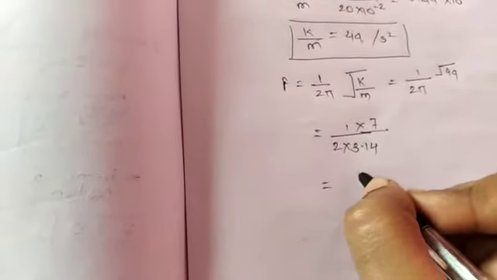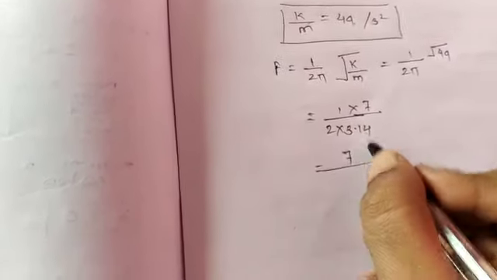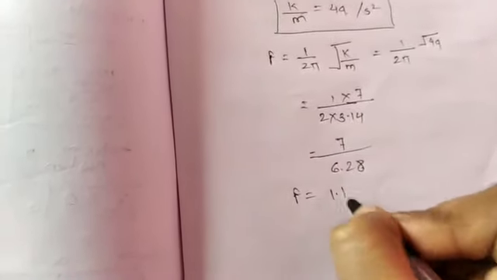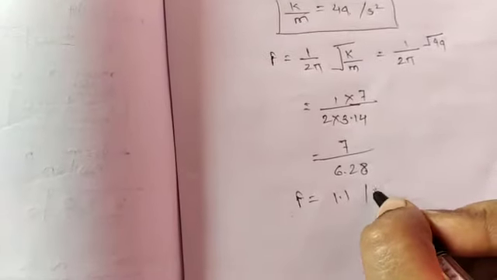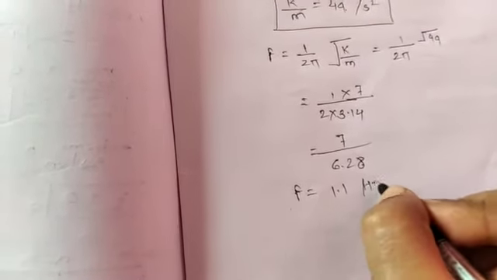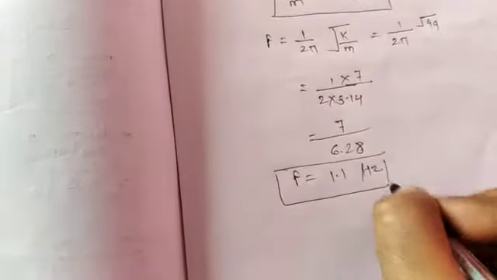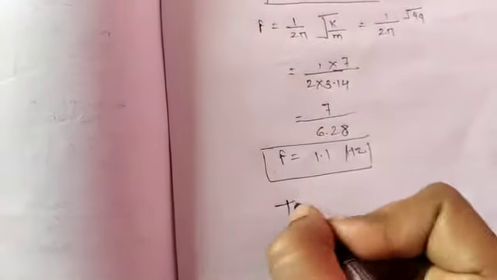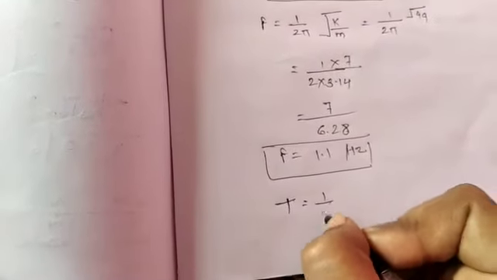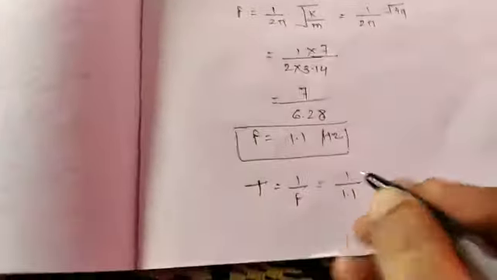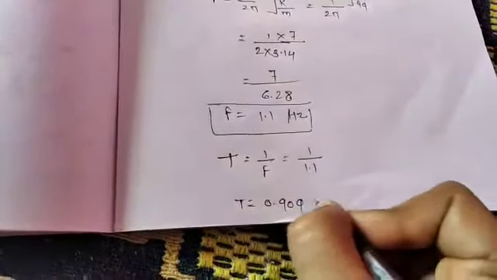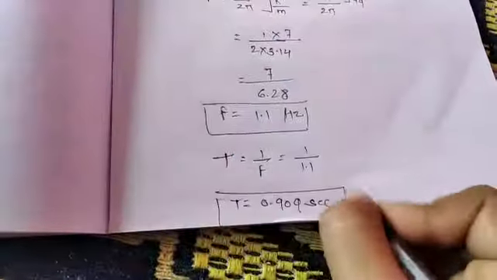So we have 6.28, so F is equal to 1.1 hertz, as it is frequency. And the period of vibration we have to find, that is T is equal to 1 upon F. So it is 1 upon 1.1, which is 0.909. So this is the period.